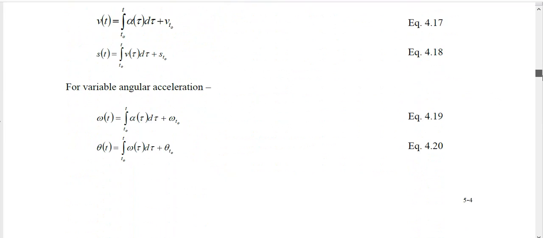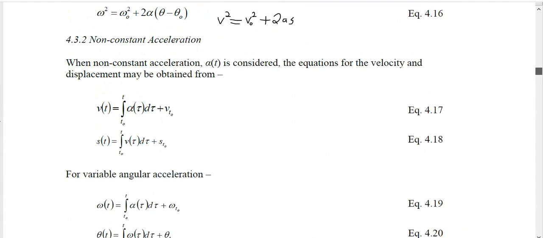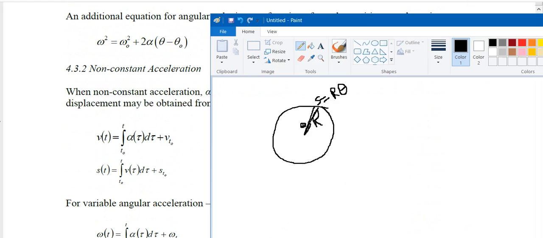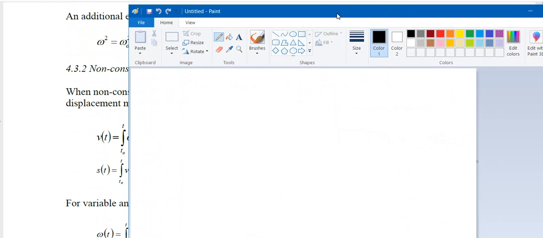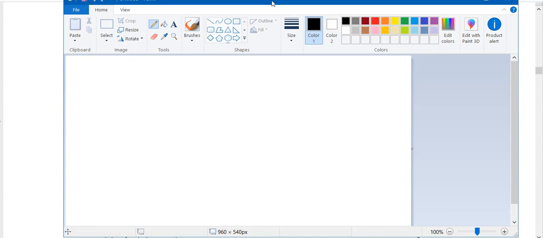Now regarding that calculus, whatever we need, similar. So I opened a new sheet.